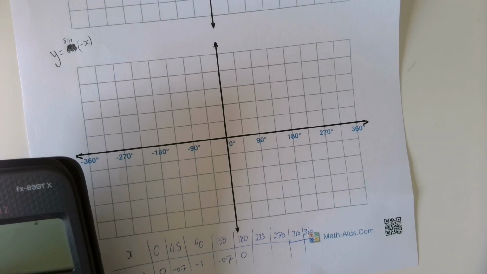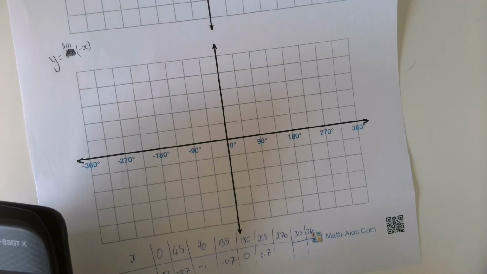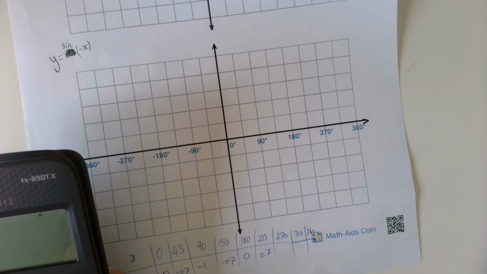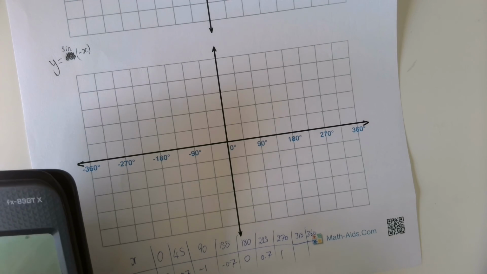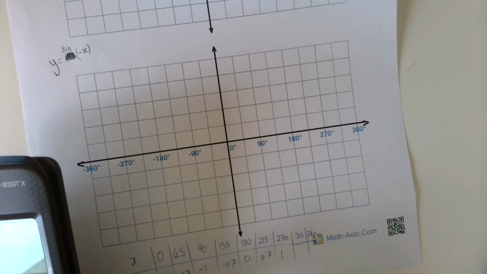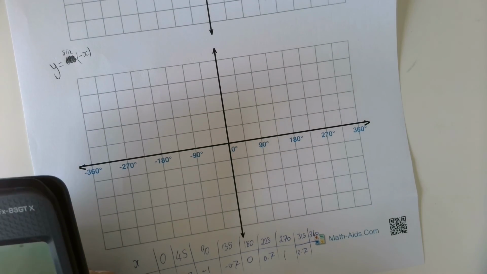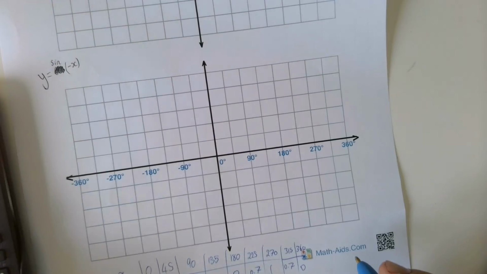Sine of negative 225 gives me 0.7. Sine of negative 270 gives me 1. Sine of negative 315 gives me 0.7. And sine of minus 360 gives me 0. So I'm going to plot that again, although you will see some similarities.